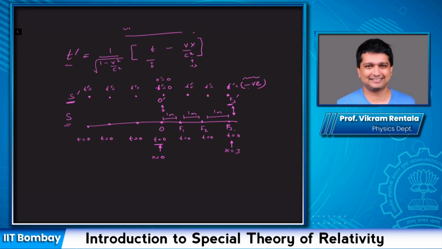And similarly, if I look at friends to the right, let's call these friends 4, 5, and 6. Friend 6 would appear to have a positive time on their clock when they come face to face with friend 6 on the ground.